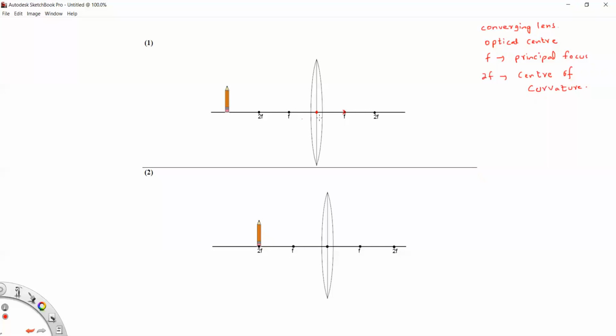Okay, then how would we draw the ray diagram? It is very easy. Just follow the rules. Let's say this pencil here represents the object.